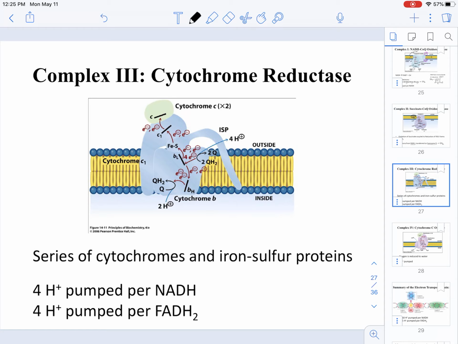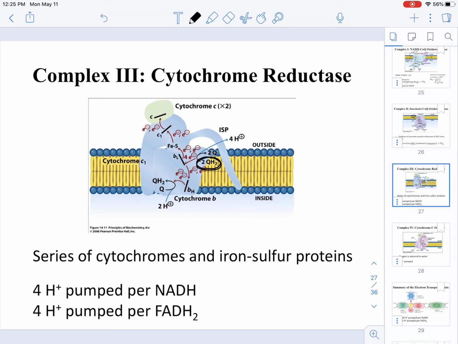Okay? Understand that here specifically, at this step, what happens overall is that this ubiquinol molecule is going to be dumping these electrons into complex 3, and basically at the end of all the series of reactions that is occurring, because remember, this is the ubiquinol that came from complex 1 and complex 2.